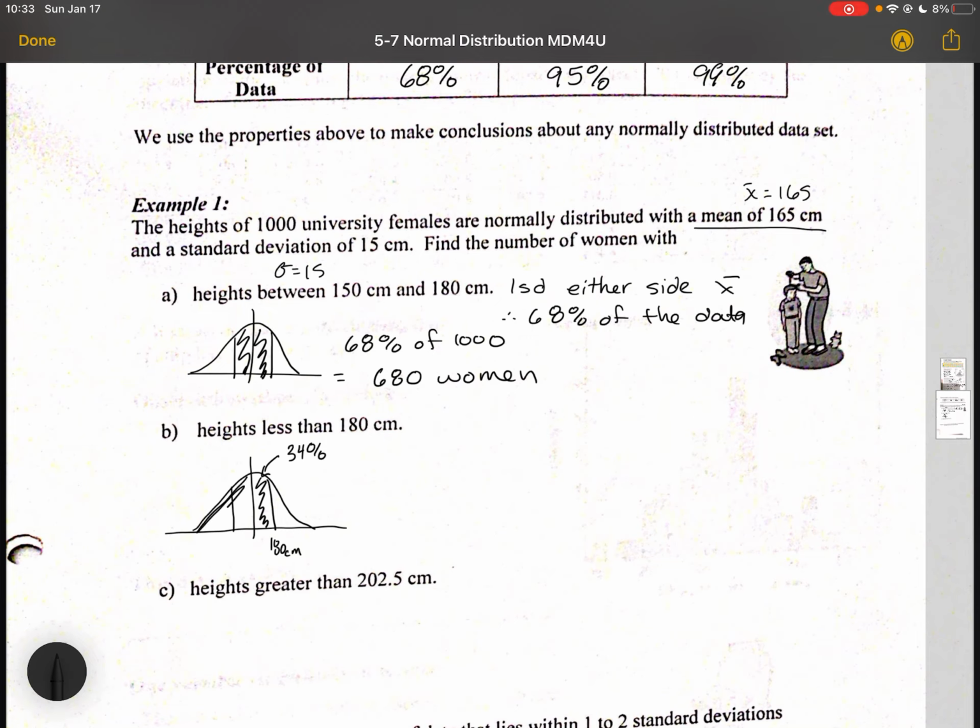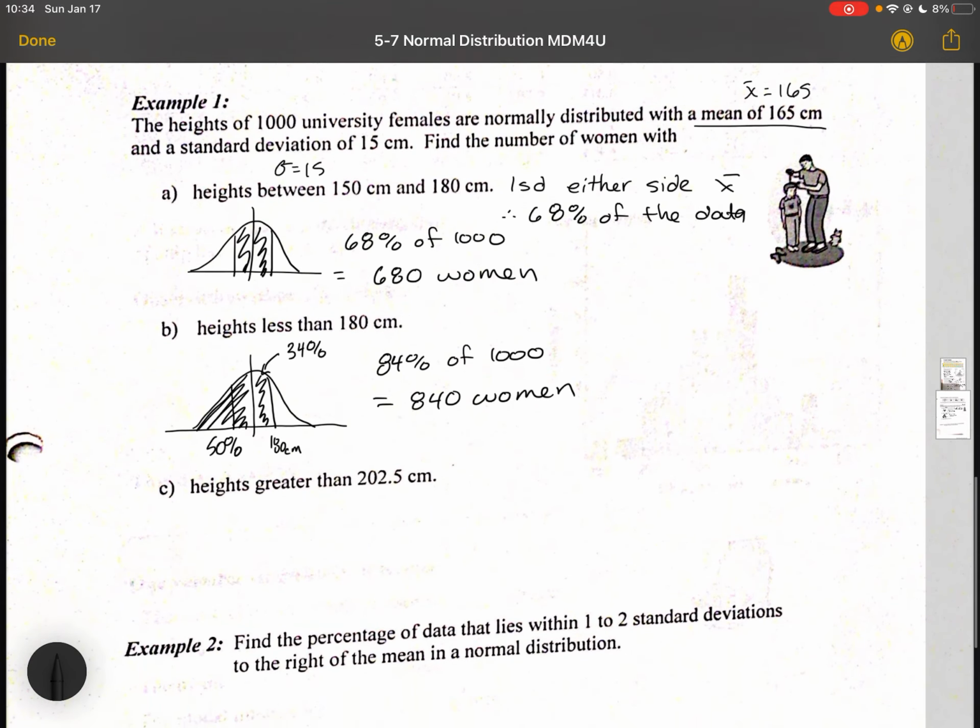Now, I can add it to this whole rest of the other side of my graph, which is going to be 50% of the data. So what I can see here is that the total area under the graph accounts for the number of women that have heights less than 180 centimeters. So 84% of 1,000, which is approximately 840 women.